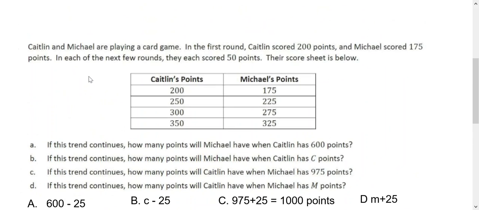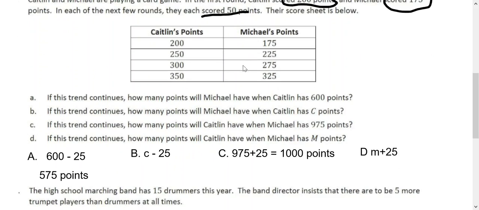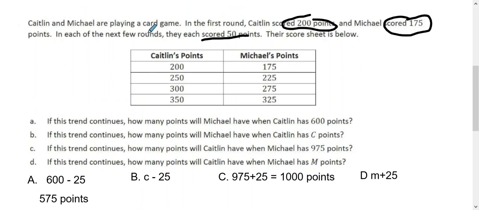Okay, so for this one, there's some important information: Caitlin scored 200 points and Michael 175, and then they each score 50 points each time for the next few rides they do, and this is their score sheet. And you can see that each time, the difference between Caitlin's and Michael's is 25.